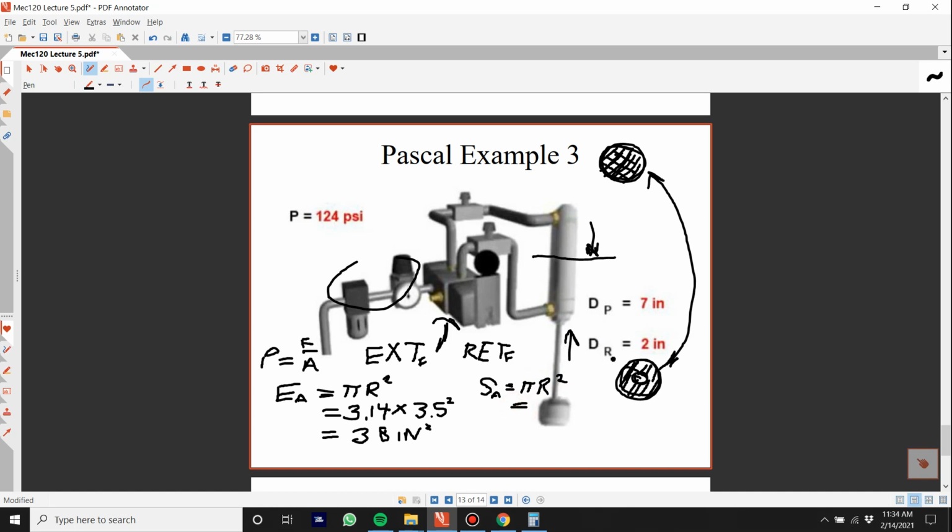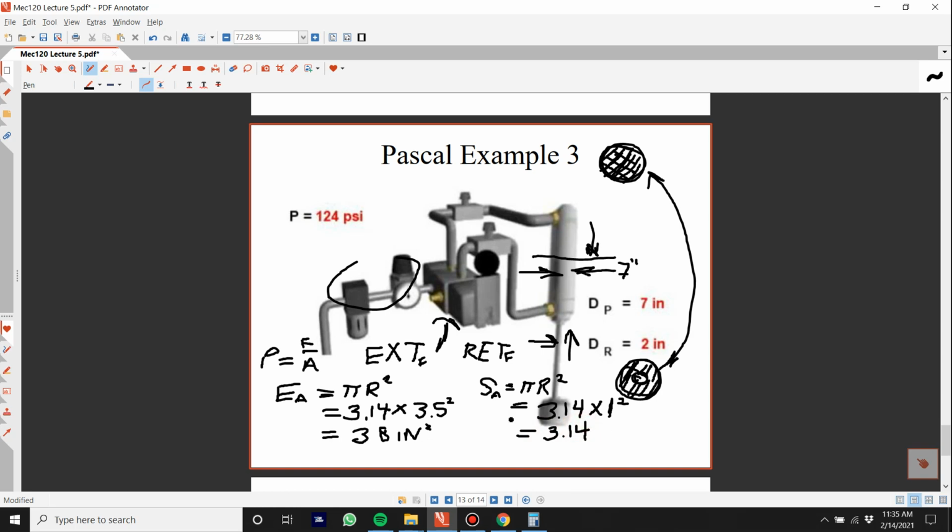So if this is 7 inches, we'll say that this is 2 inches. From there to there, 2 inches. Okay. So we're going to have 3.14 multiplied by, we're going to divide that number by 2, so that's going to be 1 squared. Lovely, I like it. Which is just going to give us 3.14.